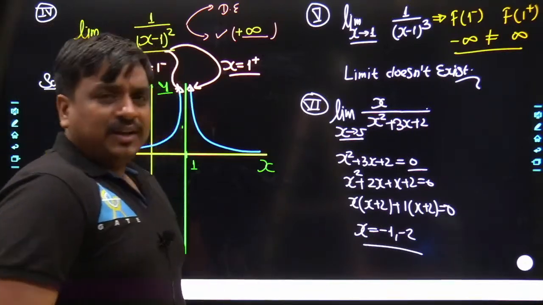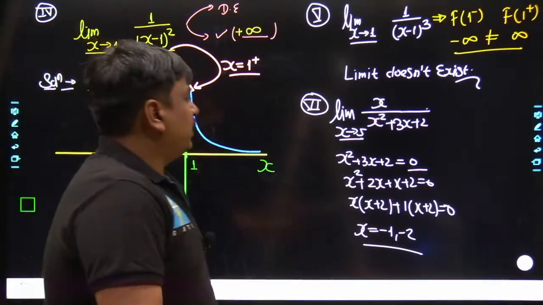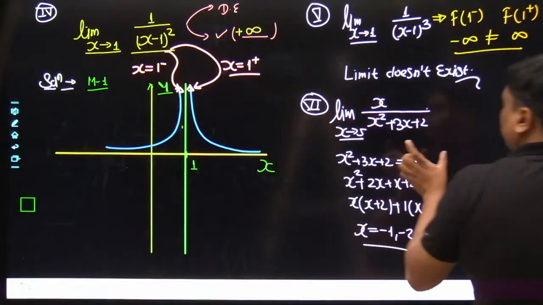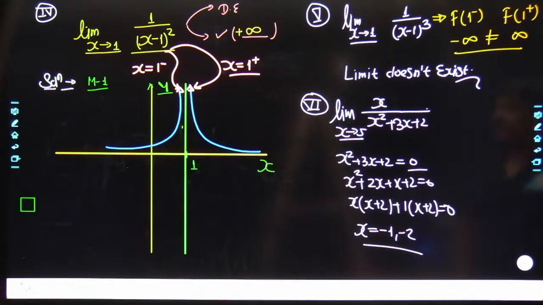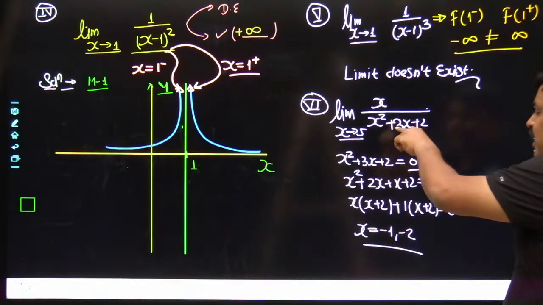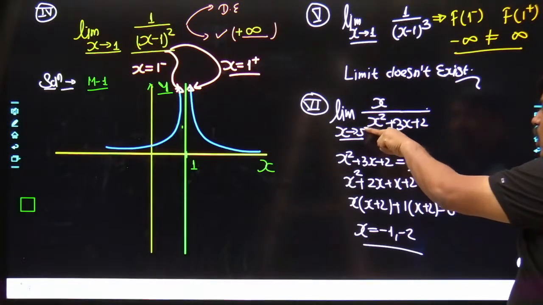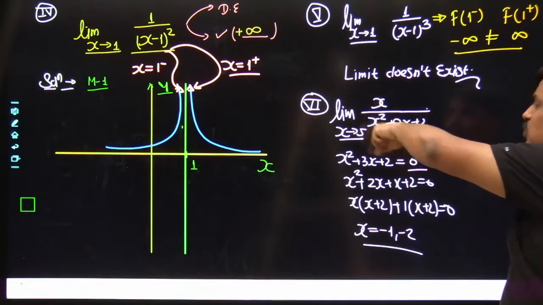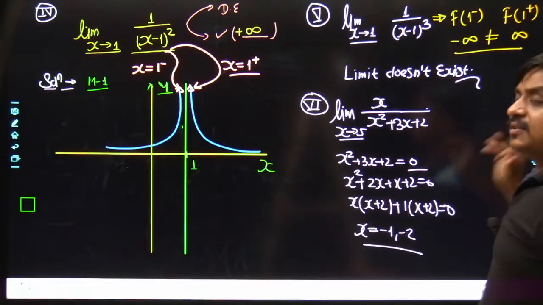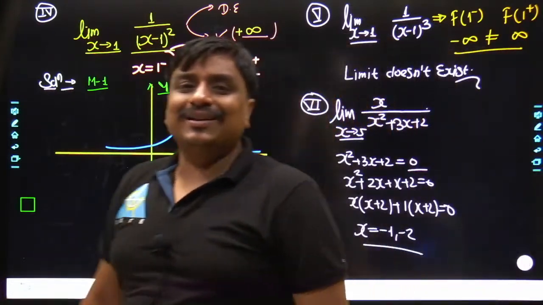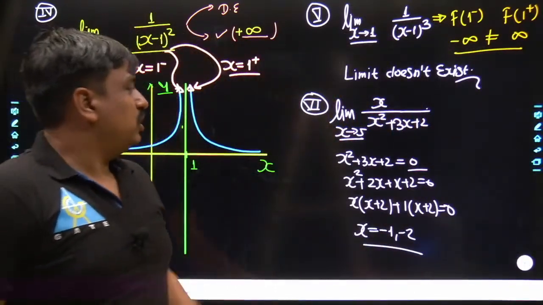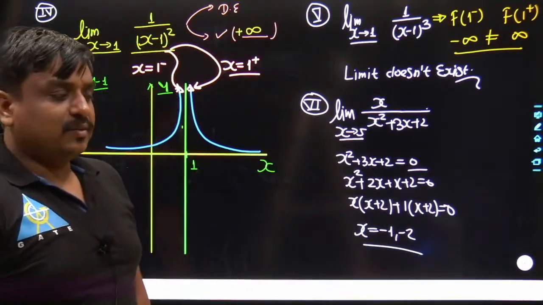Because I have seen many times students have memorized that whenever they have a polynomial towards the denominator side, the function's limit would not exist. It's not like that. When the calculation is made where x tends to minus 1 or minus 2, this function would not lead to any fixed limit. But once you do the analysis anywhere apart from minus 1 and minus 2, definitely the limit would exist.